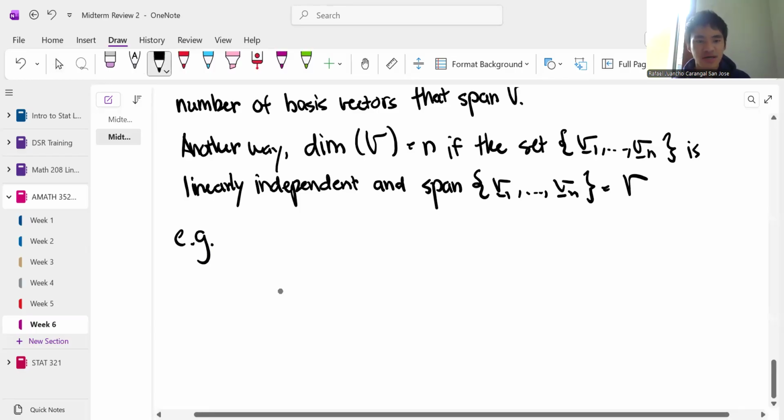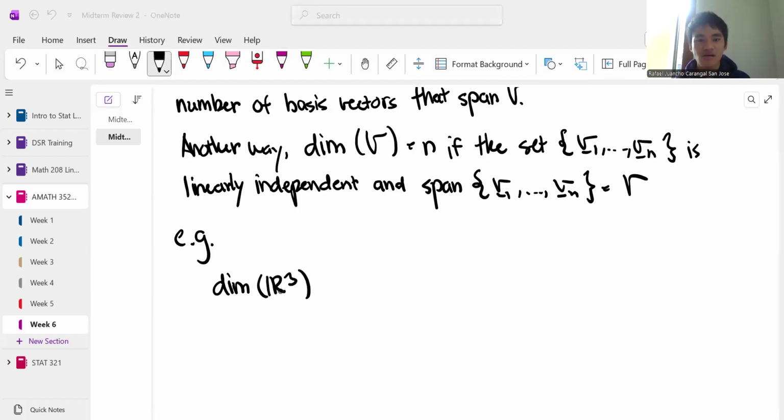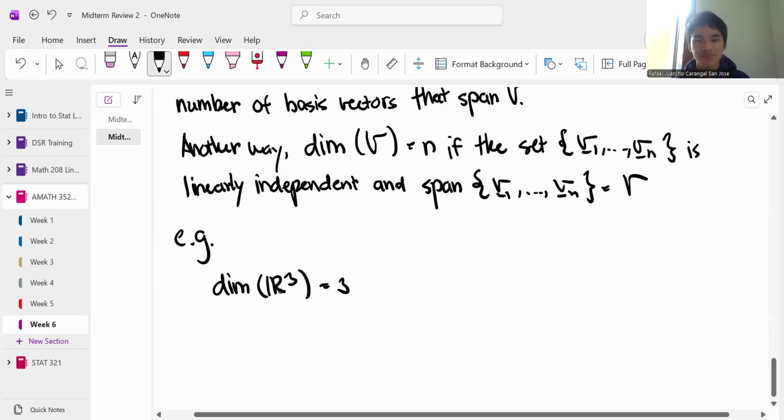Okay. Let's do a couple of examples here. What's the dimension of our subspace R3? Well, the dimension is 3, right? Since, let's say we have our standard basis vectors.